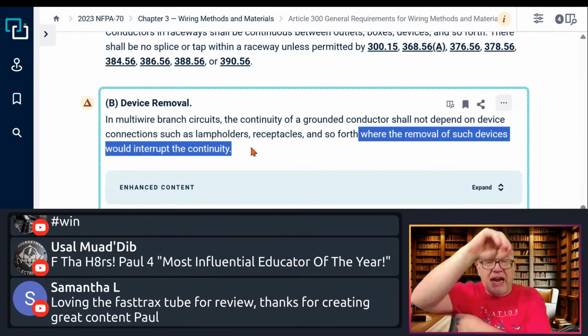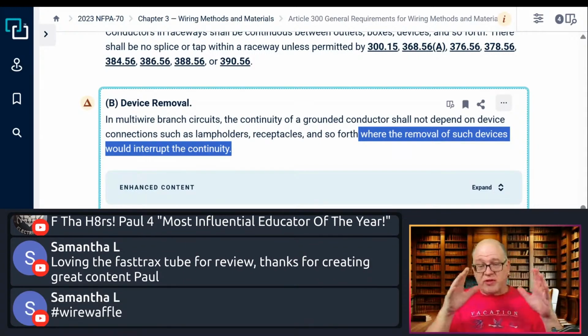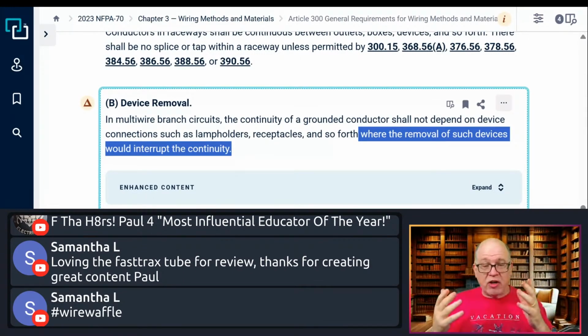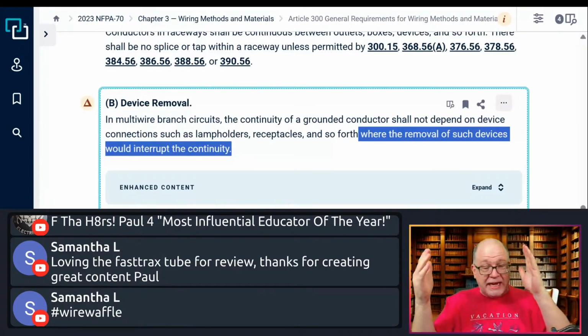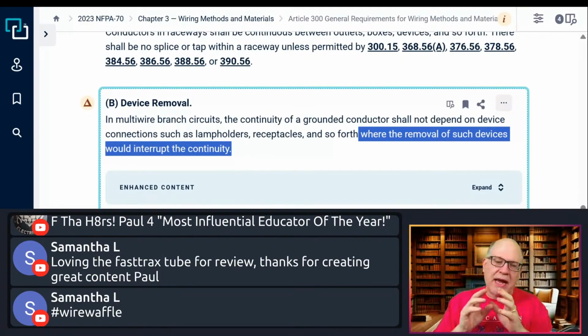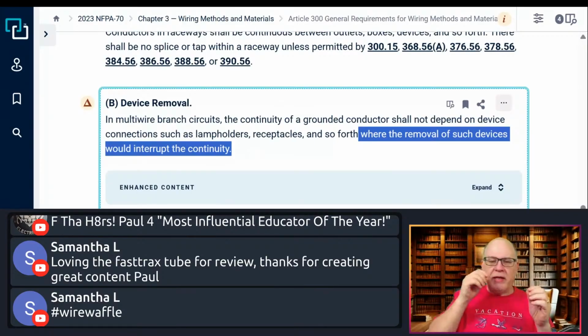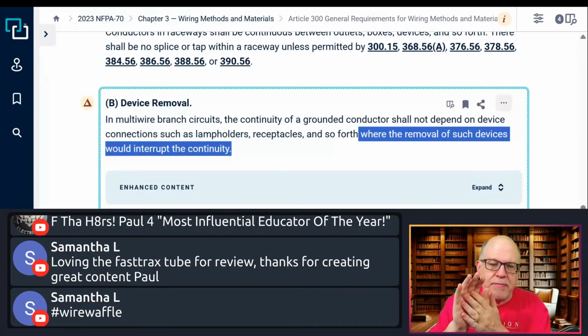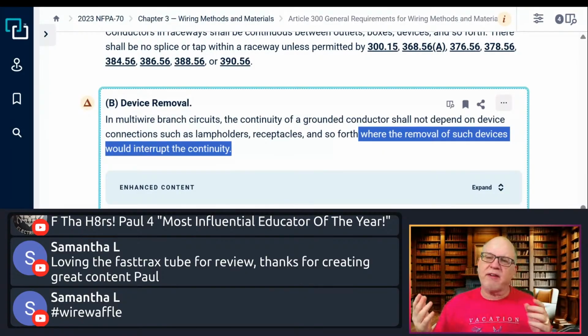So if you have a neutral that's going through a system and you're sharing the neutral, you have multiple circuits, so a black and a red, being run through this setup, and you happen to use the neutral and go into the device and then come out of the device and loop through, that neutral's integrity is going to be compromised if you remove the device.